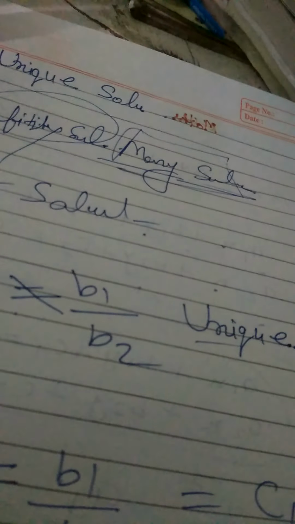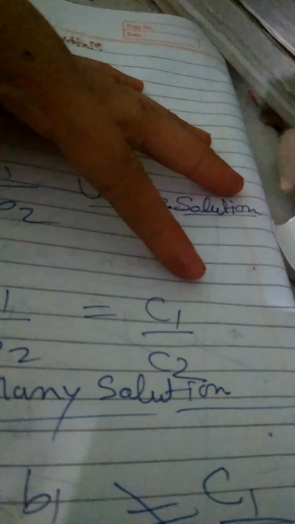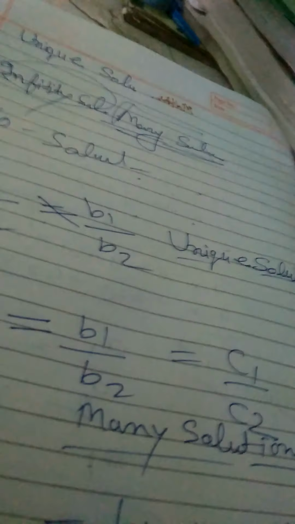Unique solution has a1 upon a2 not equal to b1 upon b2. Many solutions, more than one, has a1 upon a2 equal to b1 upon b2 equal to c1 upon c2. If the three ratios are equal, that means many solutions. And a1 upon a2 equal to b1 upon b2 not equal to c1 upon c2 means there is no solution.